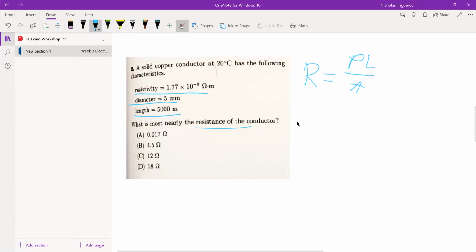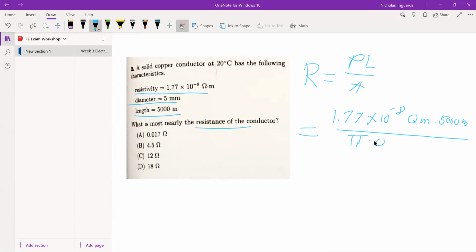So we can have our equation look like this. Times 5,000 meters divided by the area. If we want to do pi over 4 d squared, that's fine. Or you can do what I like to do, pi r squared, because that feels safer to me.